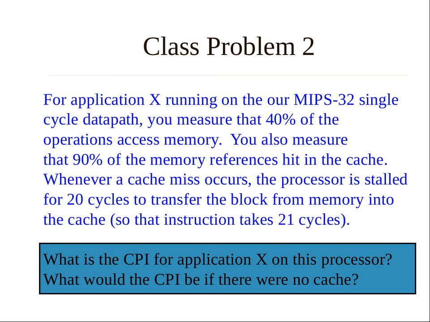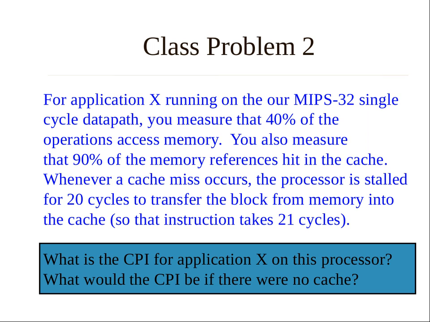You also measure 90% of memory references hit the cache, so when a cache miss occurs, it stalls 20 cycles. In your in-order pipeline, did load word stall your processor? Yeah. It did. So we'll say it stalls for 1 cycle if it's in the cache. Okay. So that takes 2 cycles in total.